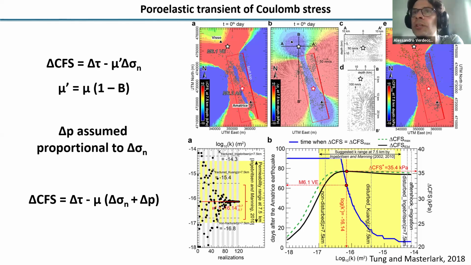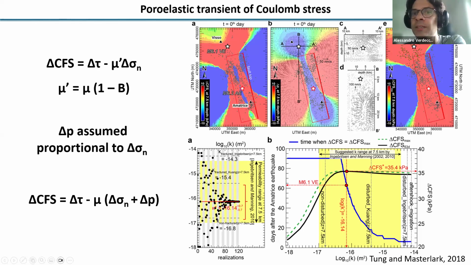So according to their models, according to the theory of linear poroelasticity, what will happen in time is that the fluids will travel from the region of increased pore pressure, the red regions, towards the regions of decreased pore pressure, the blue regions. And this will create a time-dependent stress increase on the location of the Visso earthquake.